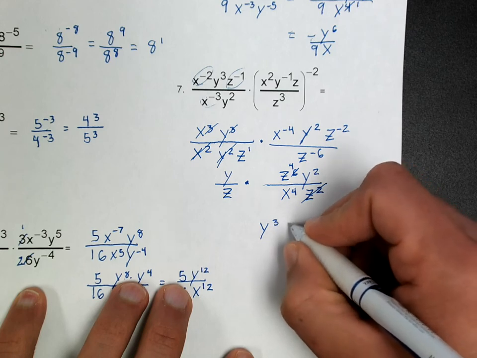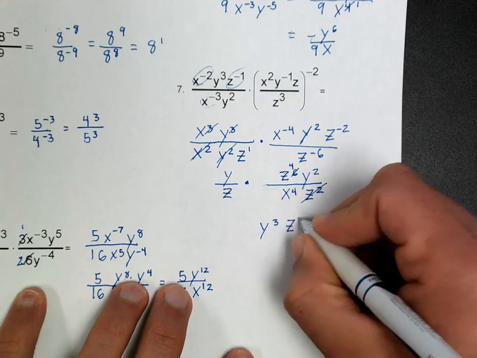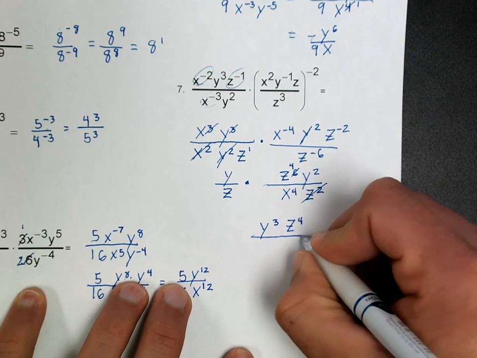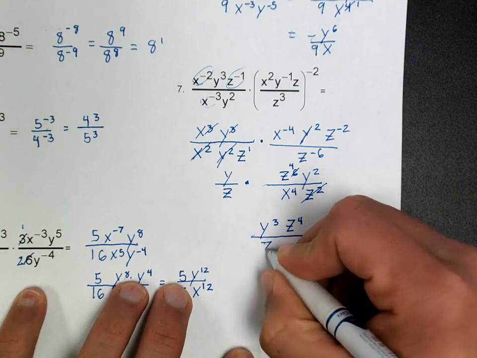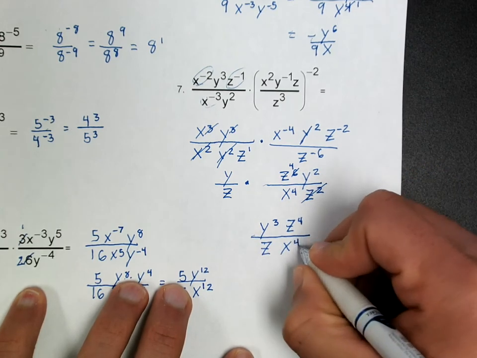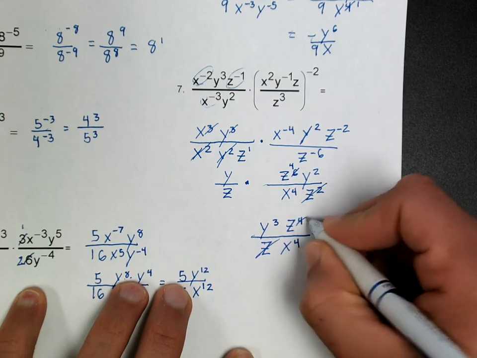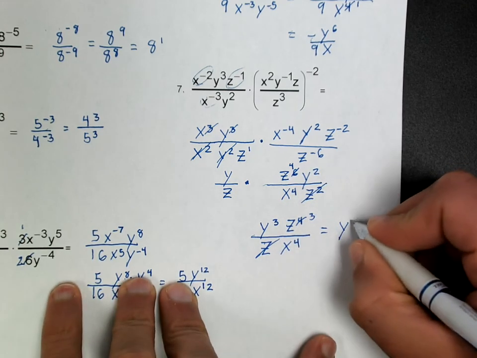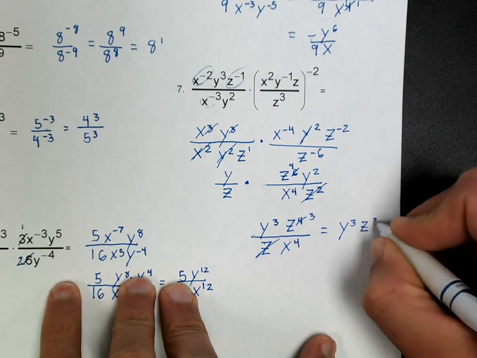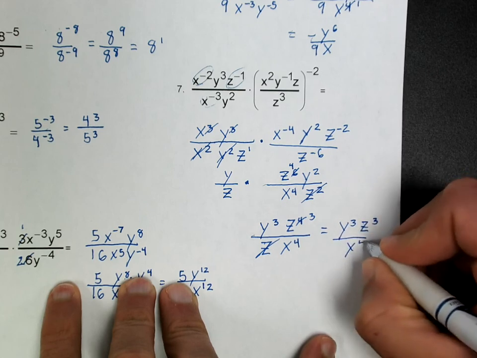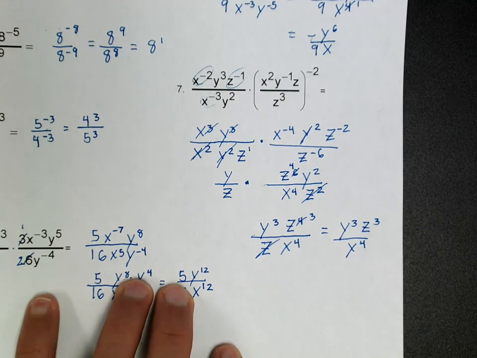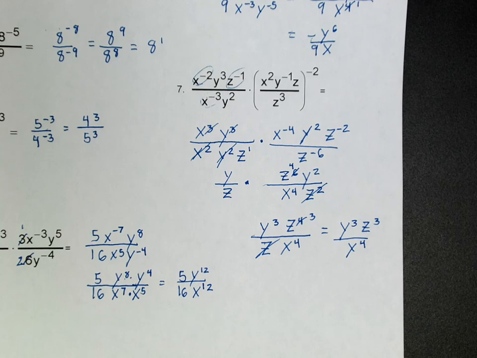Let's see, z to the 4th over z x to the fourth. And finally, I'm going to cancel one of these. So I have y cubed, z cubed, x to the fourth. Alright, and like I said, there are very many different ways. So if this last one confused you, it is because I used whatever way I thought was best. Many ways to do this.